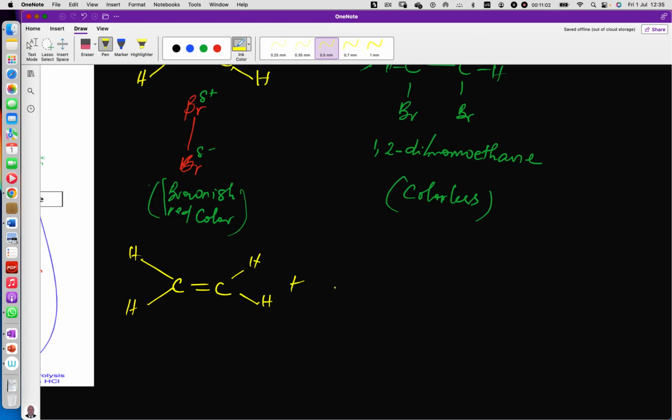An alkene plus a hydrogen bromide. Remember the hydrogen bromide is going to be added over this double bond, and according to Markovnikov's rule, this applies when the alkene is unsymmetrical.